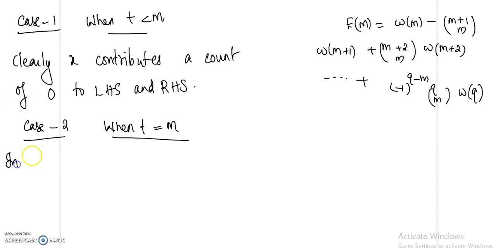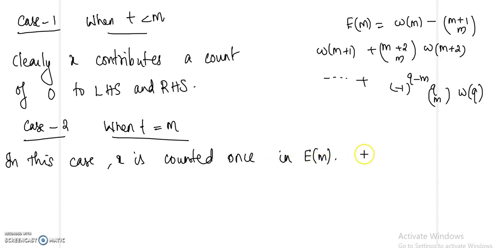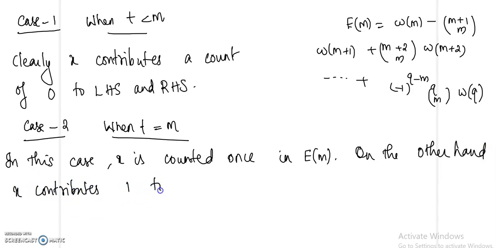So in this case x is counted once in E of m, and on the other hand x contributes 1 to omega of m, but 0 to omega of r for r greater than m.